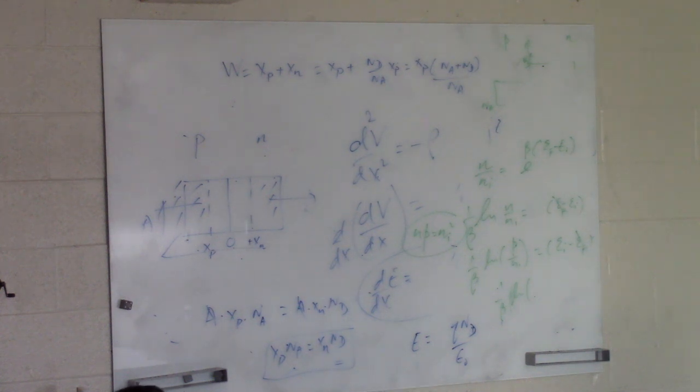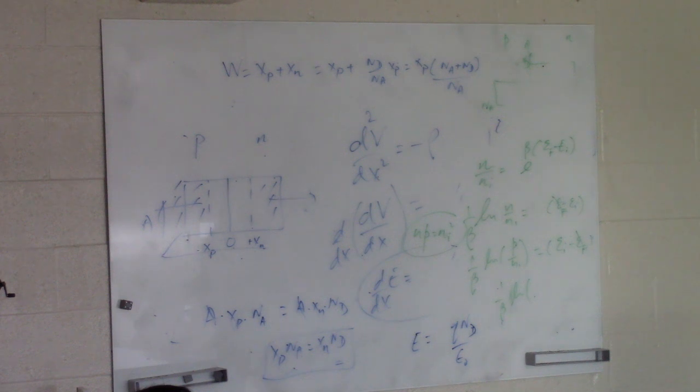So initially you had this built-in potential, and we know how to calculate that value: you have kBT times log of Na Nd over Ni squared. That's the VBI. Now I apply negative bias, your depletion region becomes much larger, and your bending is increased by that applied voltage.